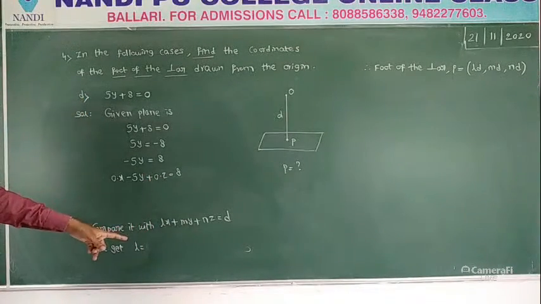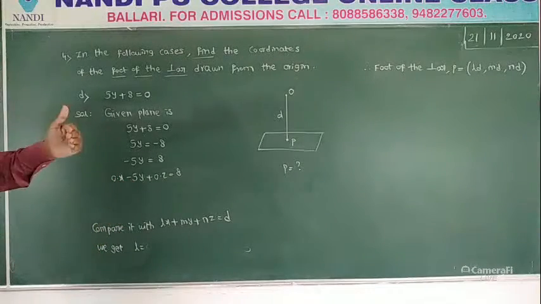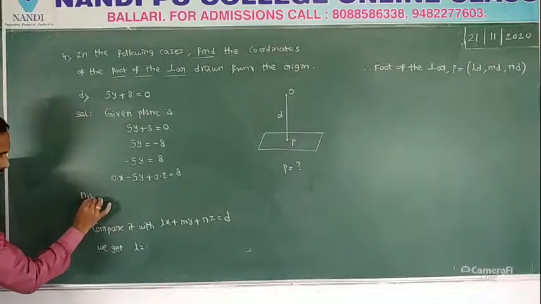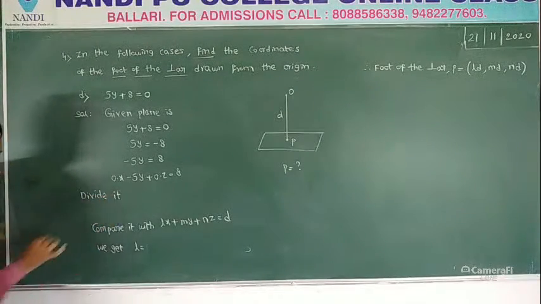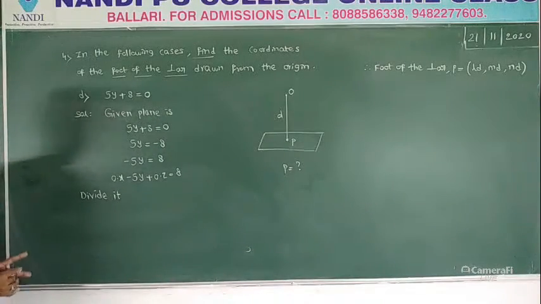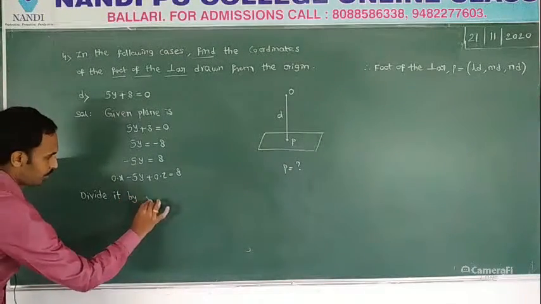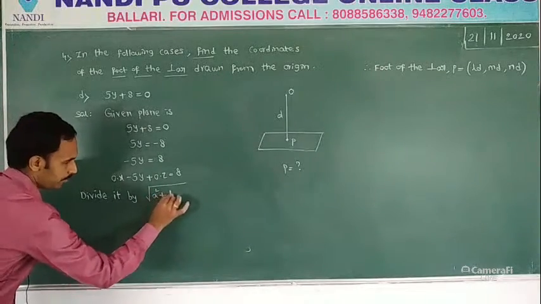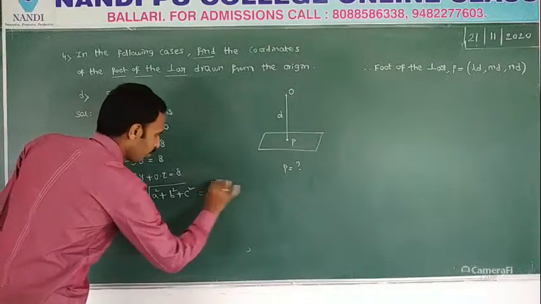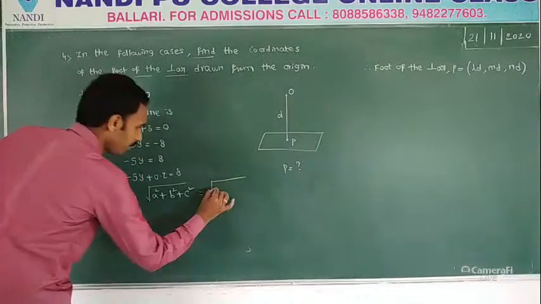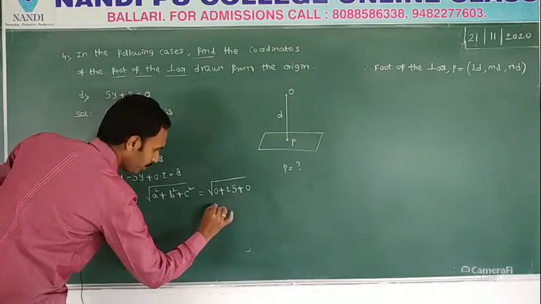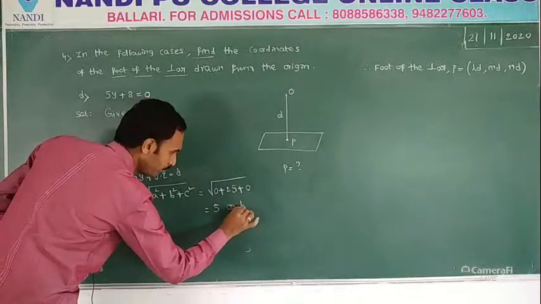Change this plane into normal form. To change that one, divide it by root of a square plus b square plus c square on both sides. Root of a square plus b square plus c square is equal to root of 0 square is 0, minus 5 whole square 25 plus 0 square 0, root 25 is 5 on both sides.